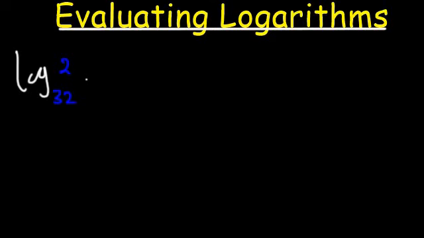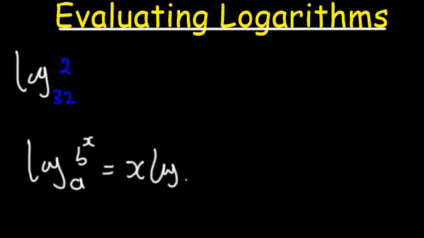So just keep in mind, whenever the function or the variable or the value is raised to an exponent, you are allowed: log of a to b raised to the power of x is equal to x log of a to b. But what if the case changes? What if instead of having b with an index, you are having a?